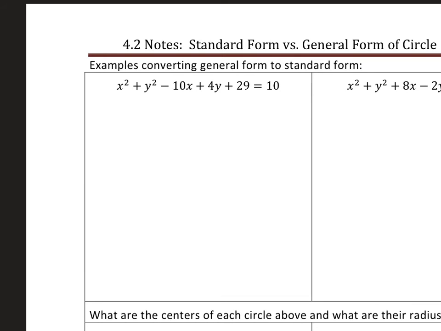So we need to take that back into the standard form. And the first thing we're going to do is rearrange the furniture a little bit. I'm going to move over outside the box here because it gets a little bit large. So I've got x squared, and I'm going to move its x term next to it, negative 10x, and then I'm going to make a perfect square out of this. And then I have my y squared plus 4y, and I'm going to make it into a perfect square.